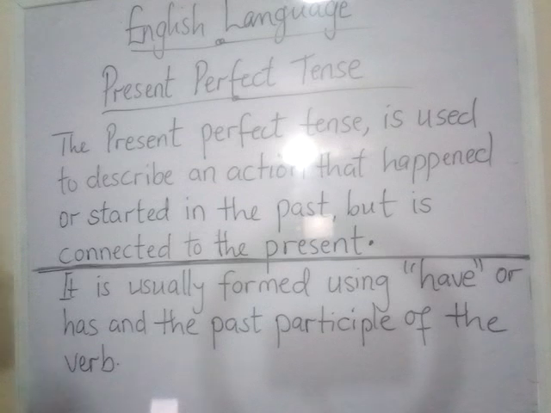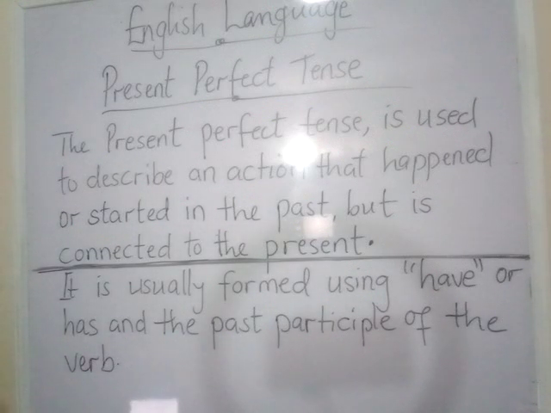The present perfect tense is used to describe an action or an event that happened in the past or that started in the past and is important at the moment. It is important now, or it has a bearing or link or connection with the present.